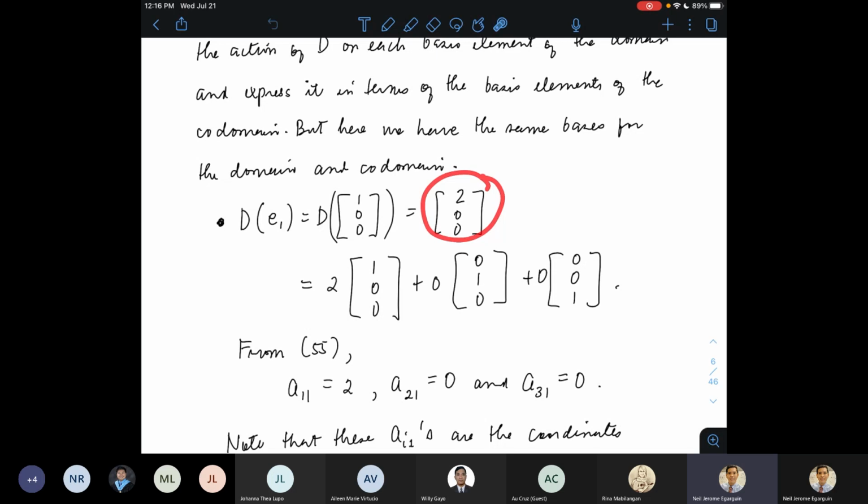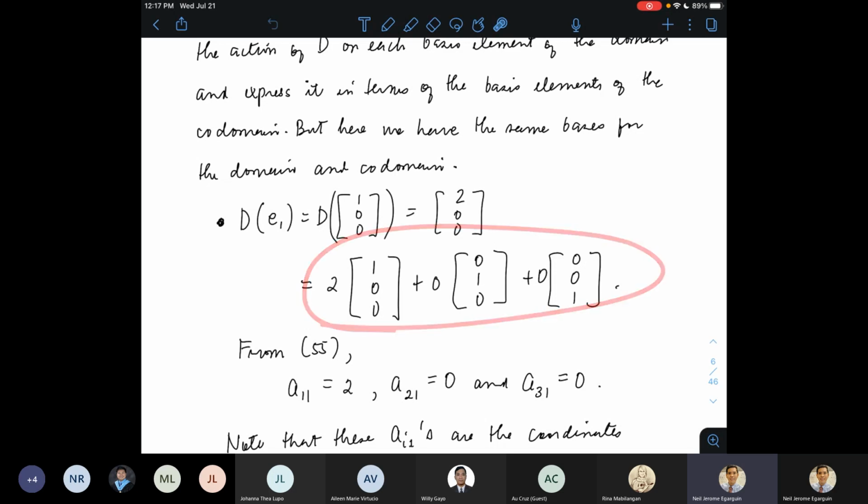So I know that the image of the basis element 1, 0, 0 is 2, 0, 0. But I need to express 2, 0, 0 using the basis chosen for the codomain. It just so happened that I also chose the canonical basis for the codomain.